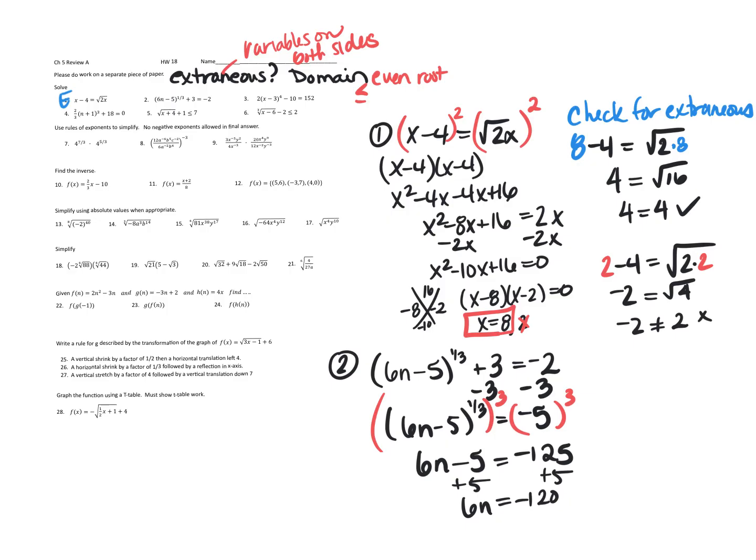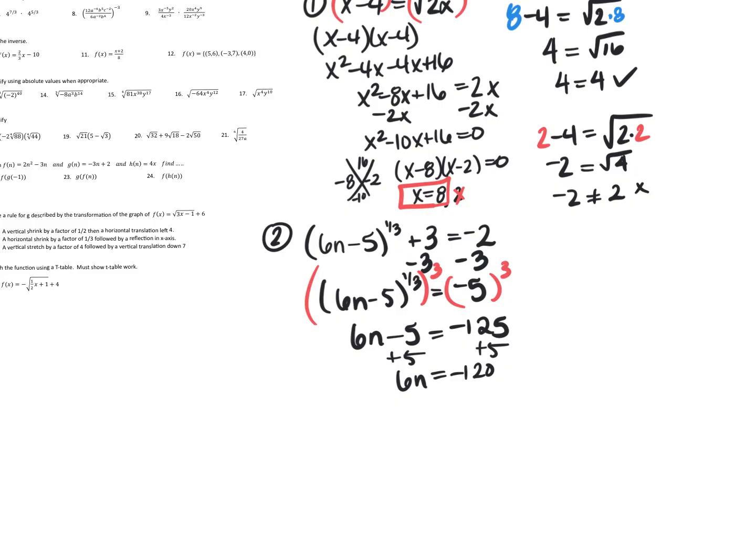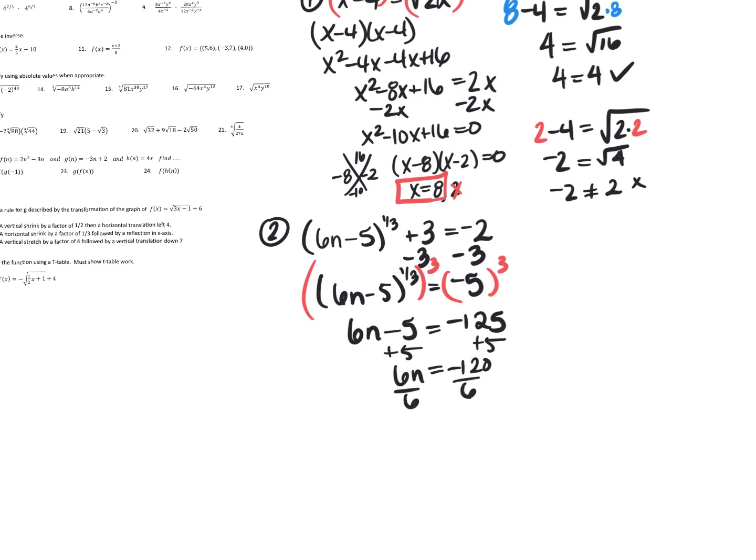So in order to get rid of the 1/3 power, I need to raise this to the reciprocal, the third power. So I'm going to cube both sides. 6n minus 5 equals negative 125. And then add 5. 6n is equal to negative 120. Divide by the 6. And n equals negative 20.